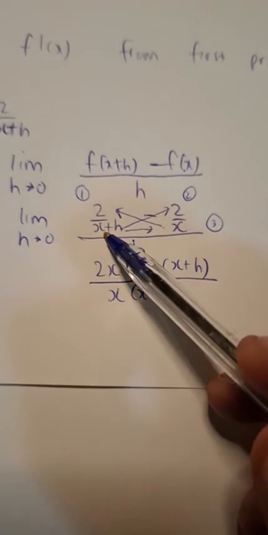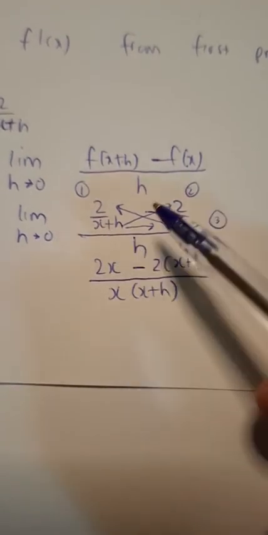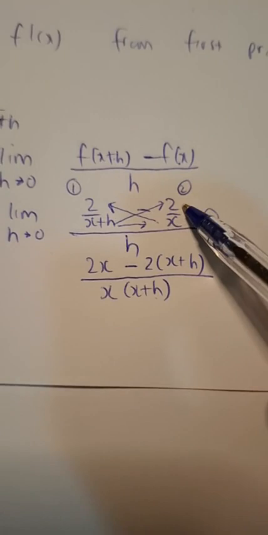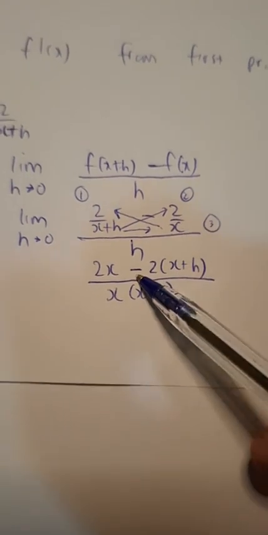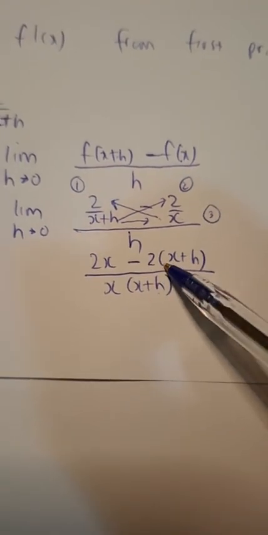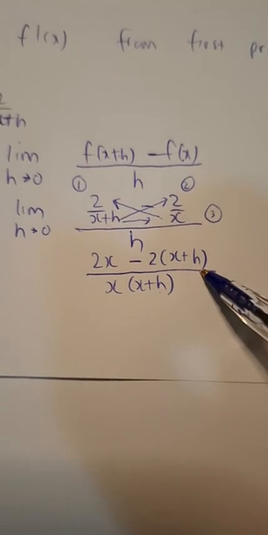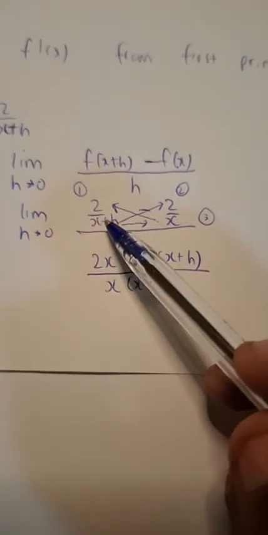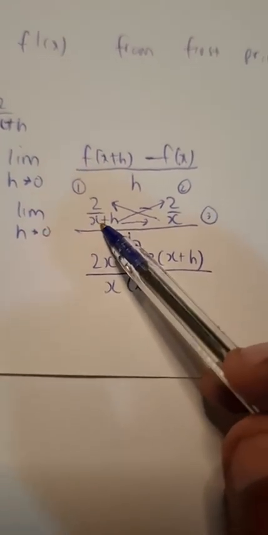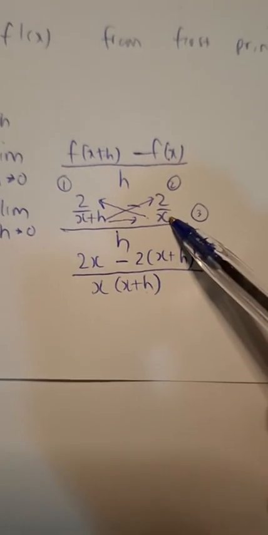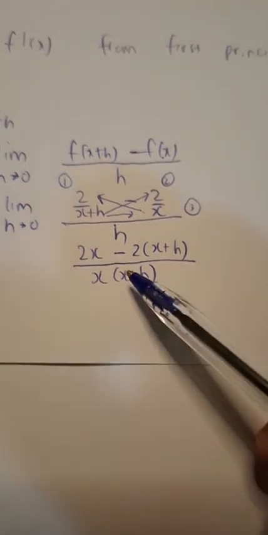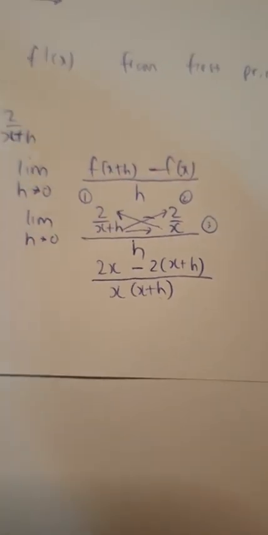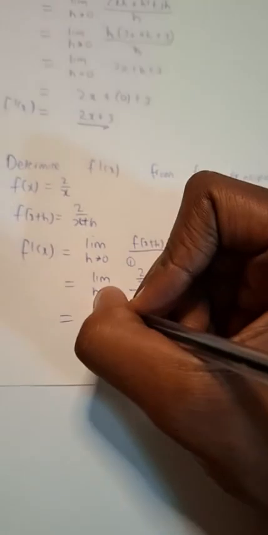You take this denominator, x plus h, you multiply this numerator, negative 2, that gives you negative 2 into x plus h. Then last step, you take this denominator, x plus h, you multiply this x, you get x into x plus h. Simple enough? I hope it is.